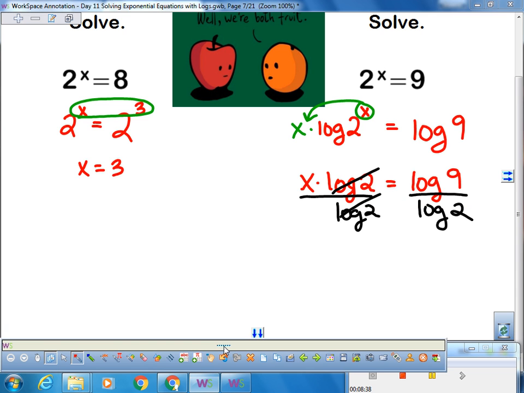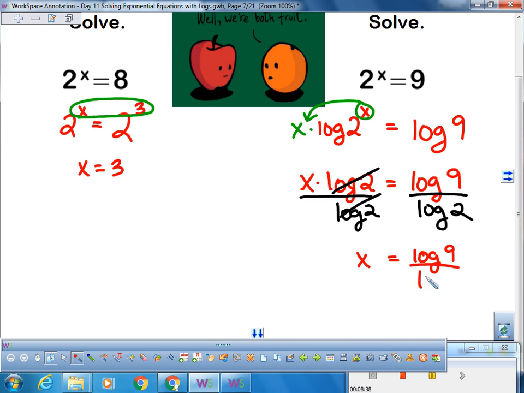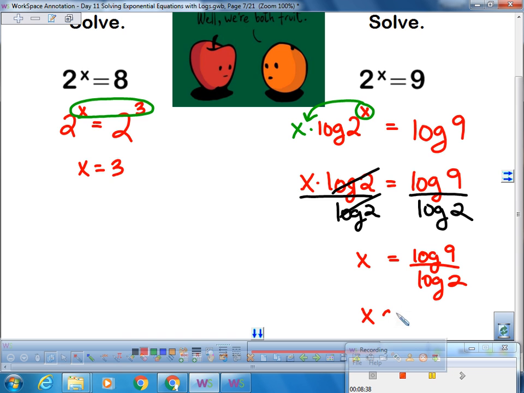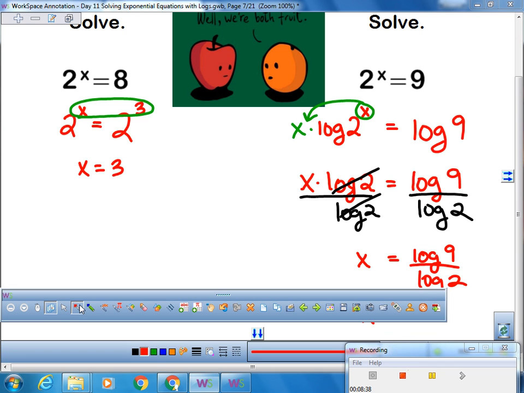Alright, so now I just have x is equal to log 9 over log 2. If I put that in a calculator, which is what we're going to do now, I'm going to approximate it to 3 decimal places. And somebody in the last class said, so Mrs. Roller, why can't I just do this?